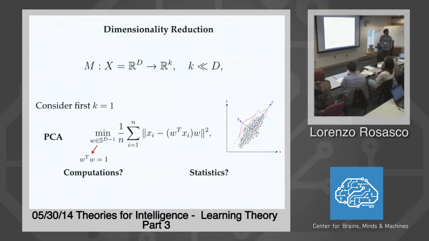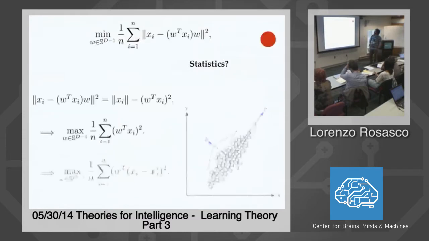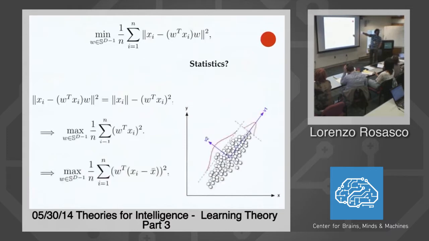One thing is about computation, one thing is about statistics. So statistics is exactly what you just said. If you do nothing but taking this square, expanding it, just notice that because these are unit vectors, some nice things happen. When you do the mixed product of these two, it simplifies with the square of this. And then you can go from this min to this max. And now when you look at this max, you see that if these variables are centered, otherwise you do have to add the centering, maximizing this is actually maximizing exactly what he said.